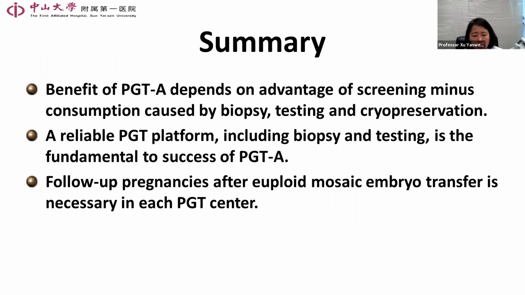We need this reliable platform to minimize the consumption of biopsy and vitrification, to maximize the benefit of PGT-A. And follow-up of pregnancies after euploid and mosaic embryo transfer is necessary in each PGT center.